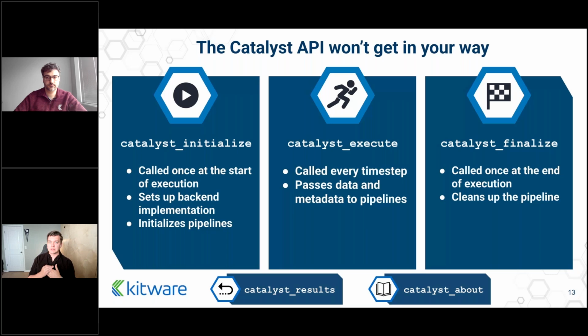But you can also manage the cadence of pipeline execution from within your pipeline scripts. So this is one of those pieces of flexibility where you do not have to call Catalyst execute every time step, because your Catalyst pipelines can also provide that cadence. Thank you for your question.